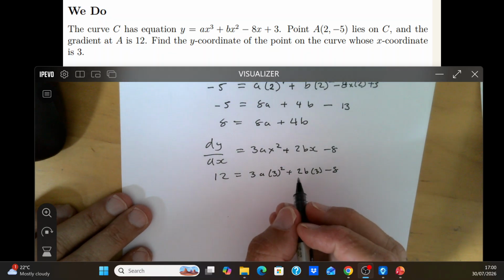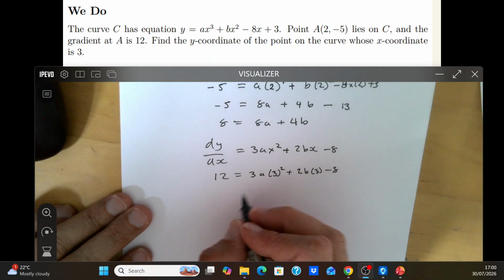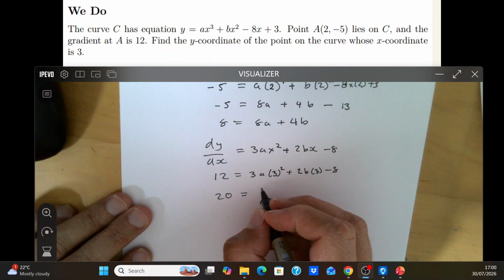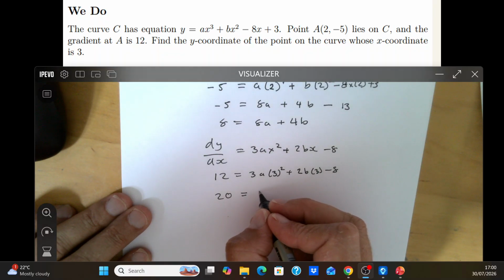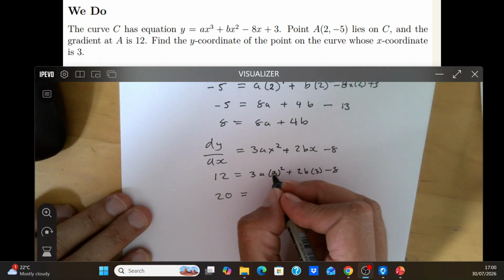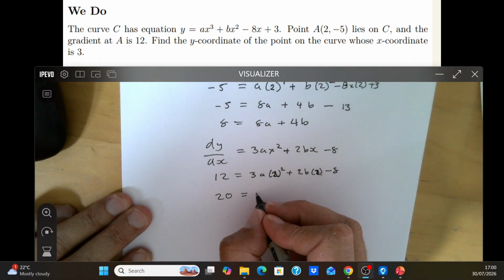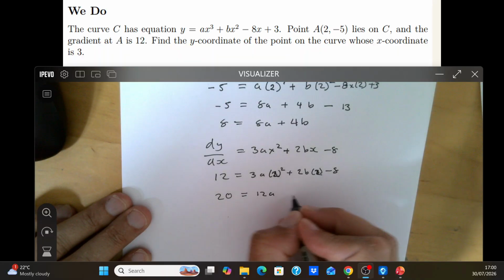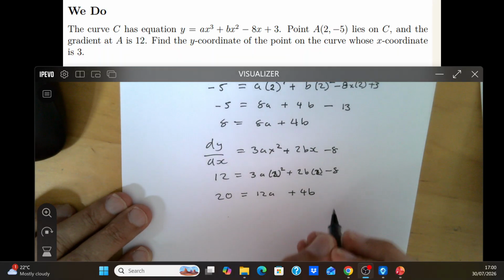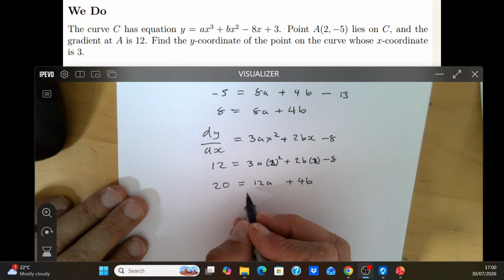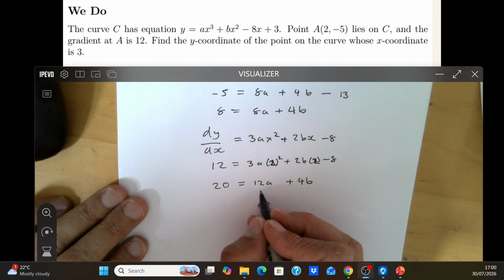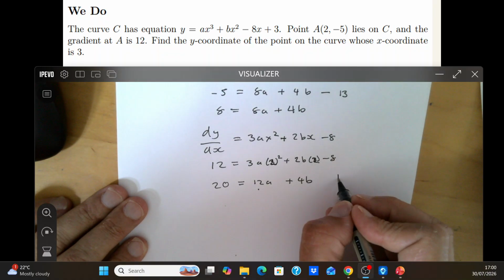Work that through. Gives you 20. It should have been x at 2. 20 equals 12a plus 4b. That's my equation 2.